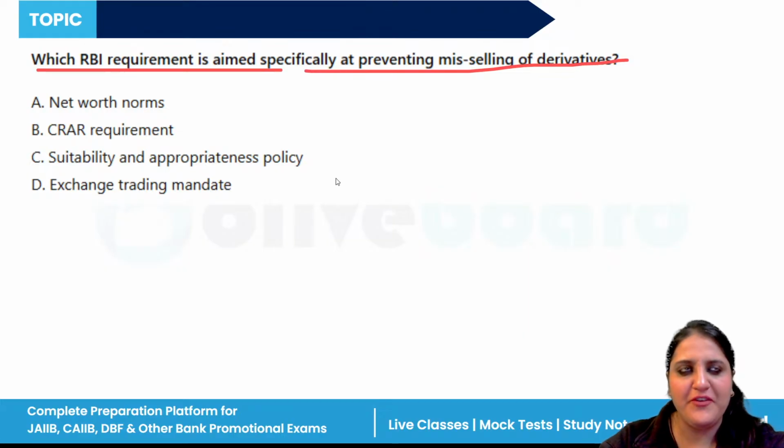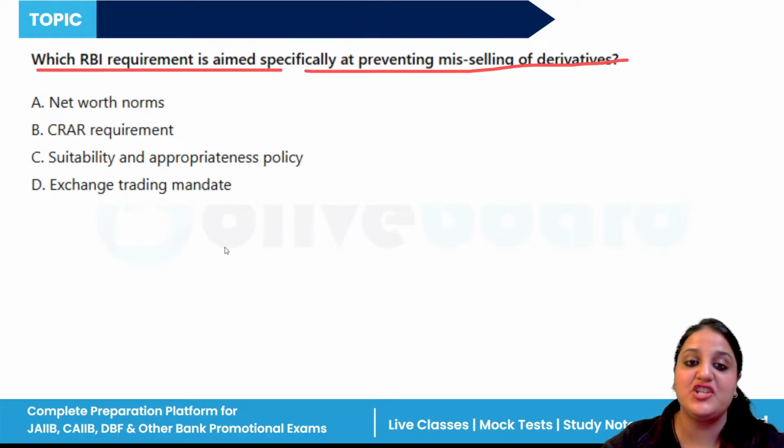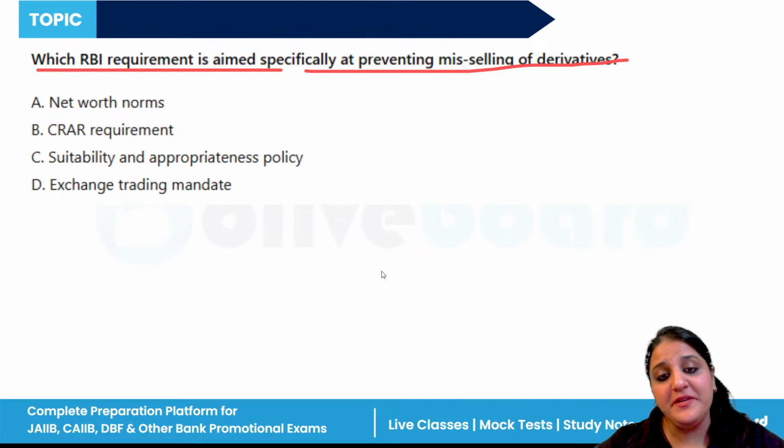The full form of FIMDA is Fixed Income Money Market and Derivative Association of India.